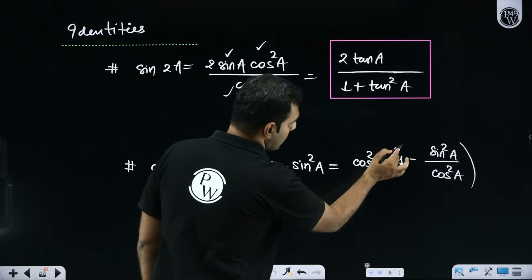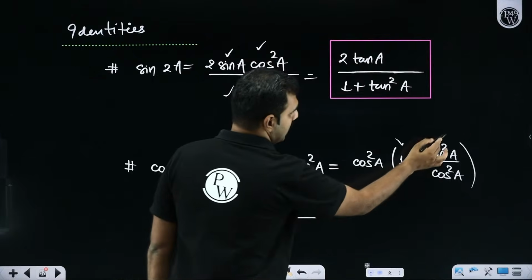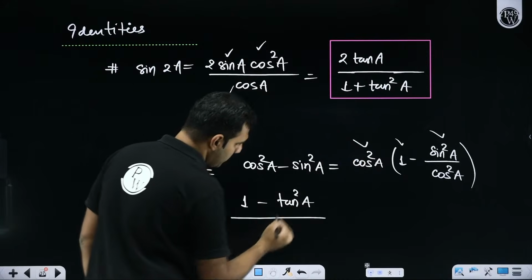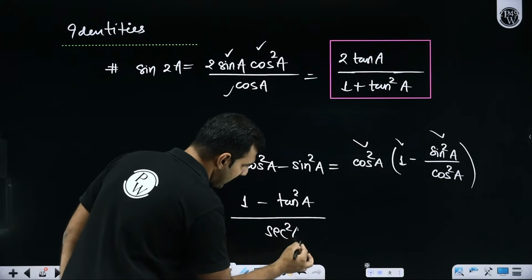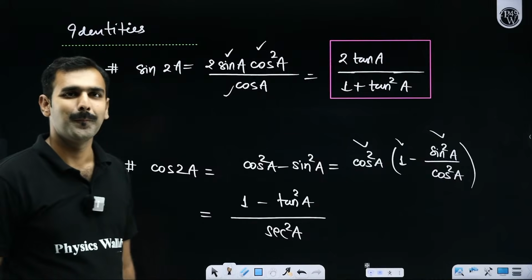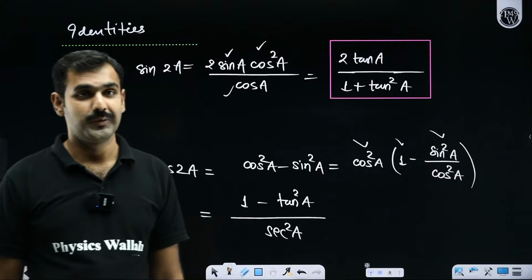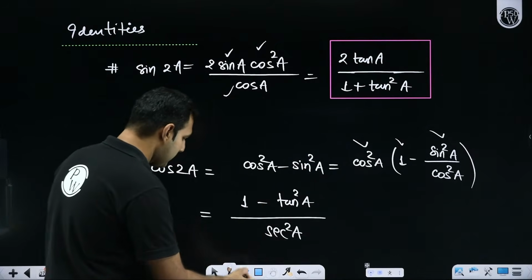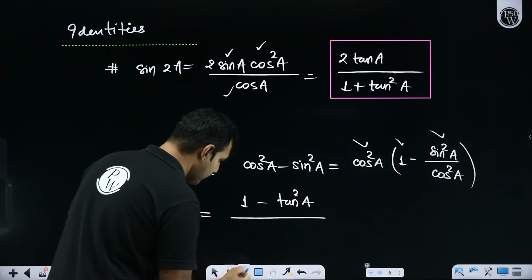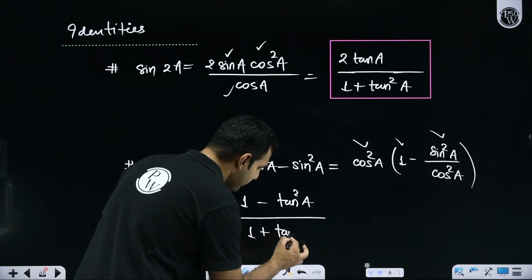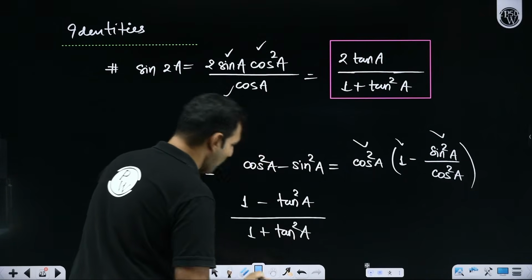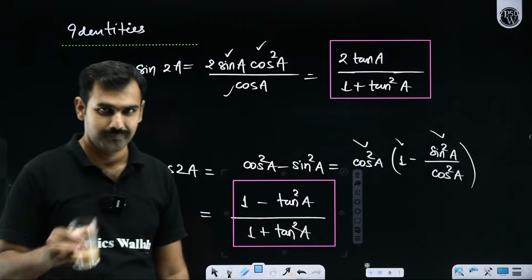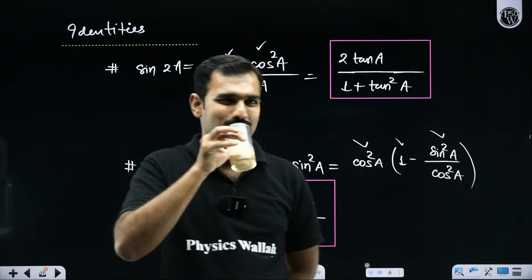I am saying 1 is 1, sine square A upon cos square A is tan square A, and this cos square A from the numerator can be pushed in the denominator as again sec square A. Yes, Vijay, absolutely. And as I have clearly told you, sec square theta is 1 plus tan square theta. So I'll not hesitate in substituting this sec square A as 1 plus tan square A. So one more beautiful identity added to your beautiful life. Cheers to the coffee.